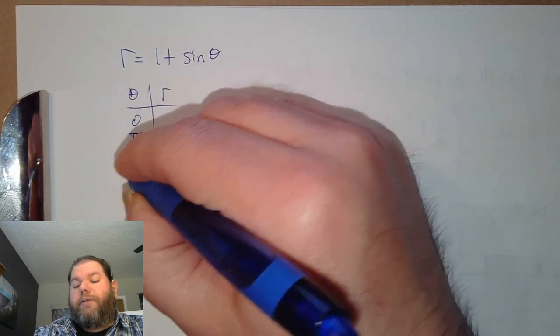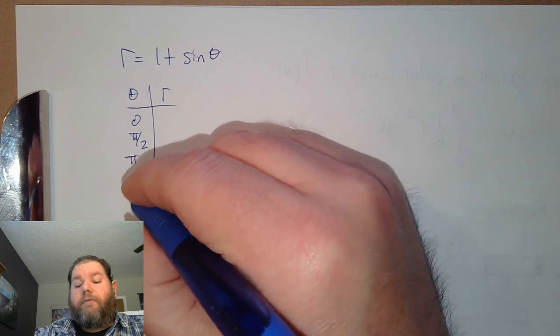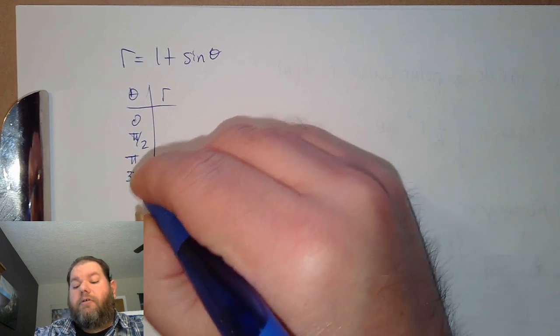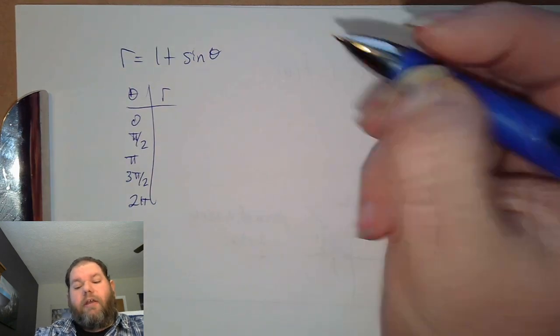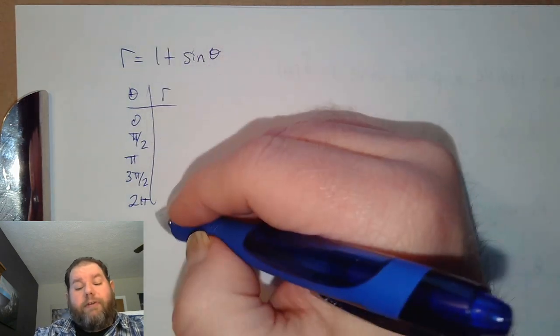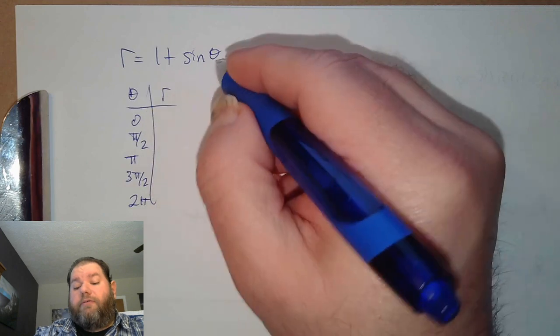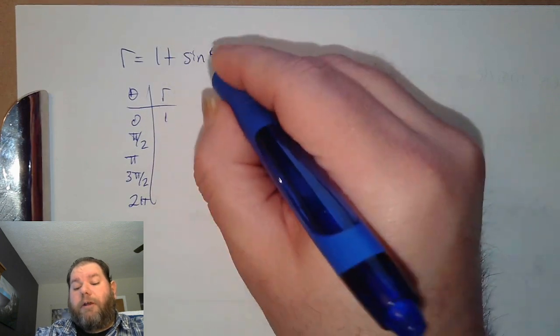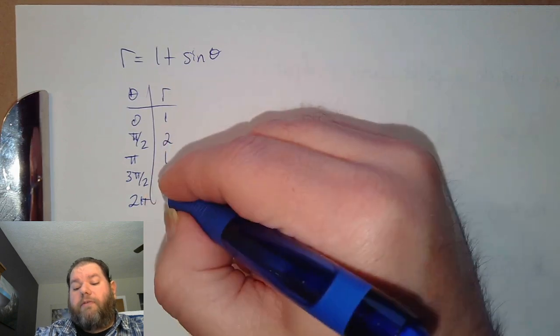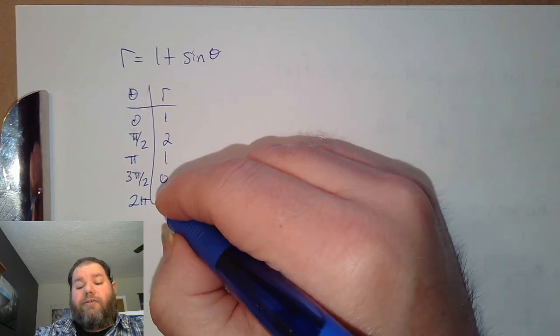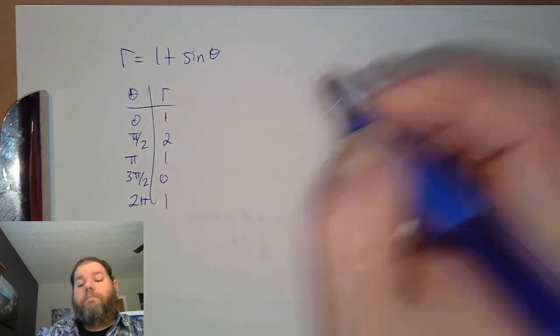And you can tell it's really quick because I'm just using multiples of pi over 2 now, just to get an idea of where the points are. For this type of function, this is usually sufficient. At 0, we get 1. At pi over 2, we get 2. At pi, we get 1. At 3 pi over 2, 0. And at 2 pi, we get 1.